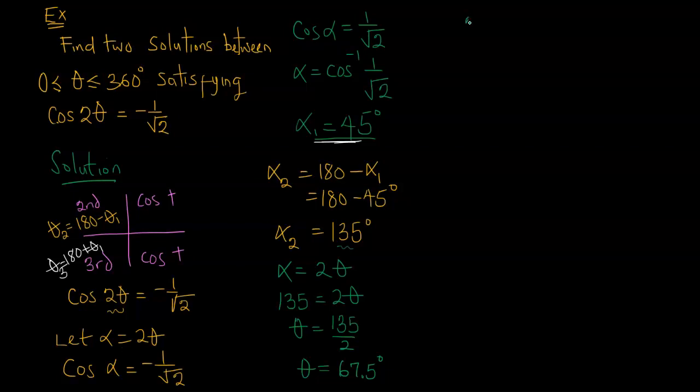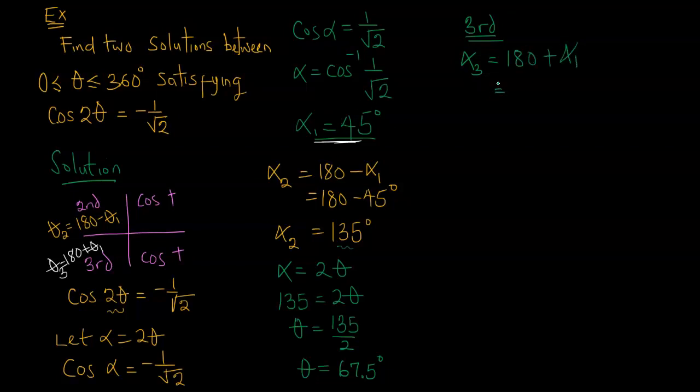Also, in the third quadrant, we know that the relationship between an angle in the third and the first one is theta 3 equals 180 plus theta 1. Thus, alpha 3 is going to be equal to 180 plus alpha 1.